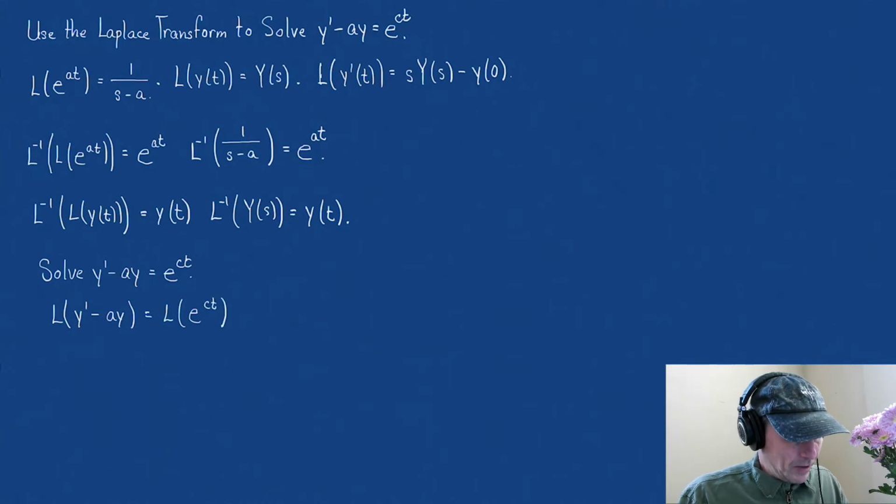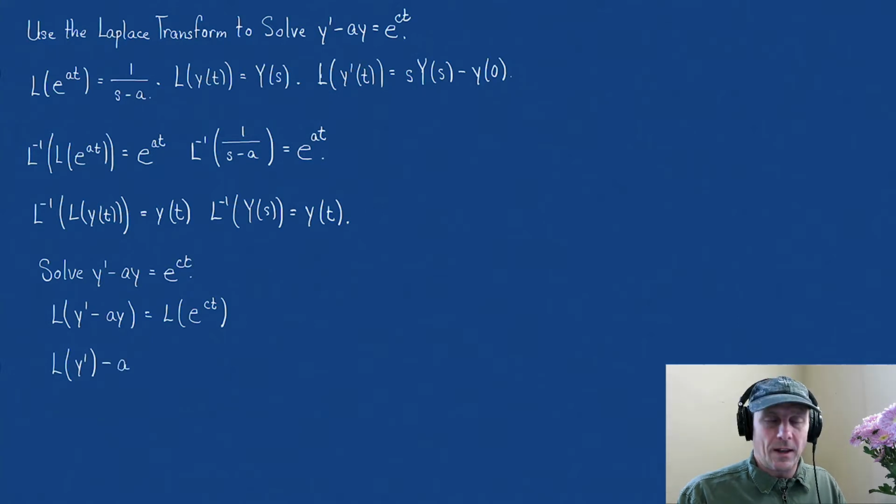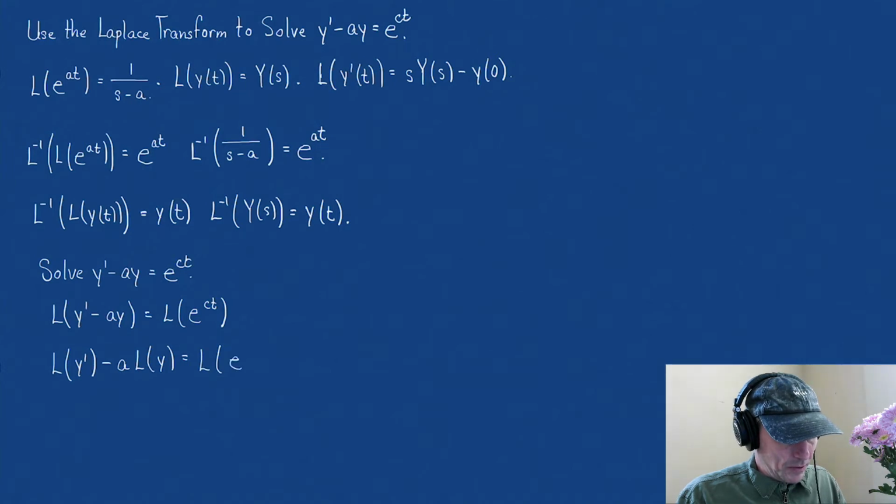Remember we said Laplace is a linear operator. So this is the Laplace of y prime minus a, and a is just a scalar, so factor out my scalar, times the Laplace of y. The right side, we'll just leave it. We'll do all of our transforms at once.